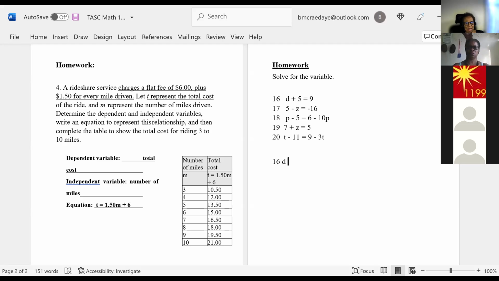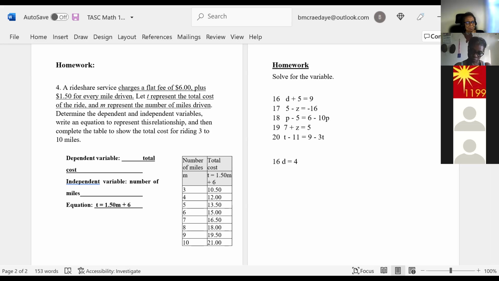Maureen, what number do you add to 5 and get 9? Oh, I got 19 from my paper. No, number 16: D plus 5 equals 9. What number added to 5 gives 9? It's only 4. Oh, I thought it was D plus 5 equals 19, but it was 9.